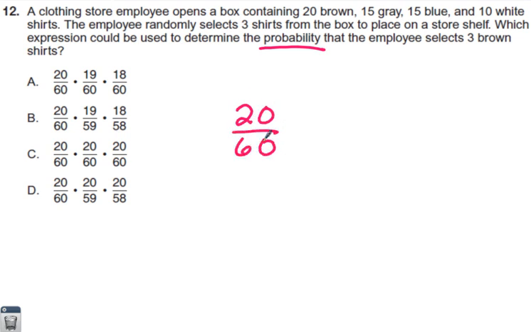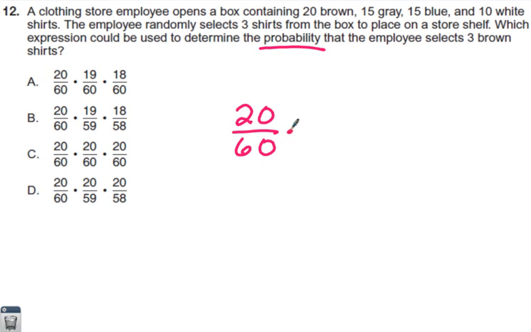And so that first pick, because probability is the number of favorable outcomes out of the total number of outcomes. So there's 20 brown shirts in the box out of 60 total. So the probability of me getting that first brown shirt is 20 out of 60. But then you got to pick another brown shirt.